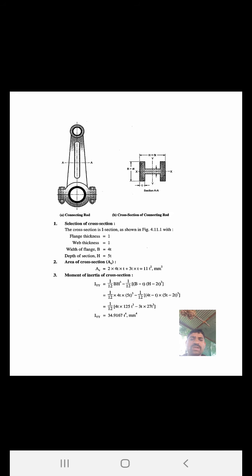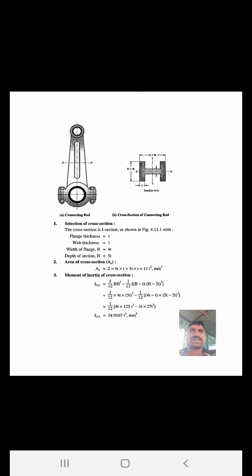Then the moment of inertia of the cross section. You know how to calculate the moment of inertia; we learned it in the SOM subject, IXX and IYY. Here we want to take the IYY cross section. It is 1 divided by 12 B H cube.